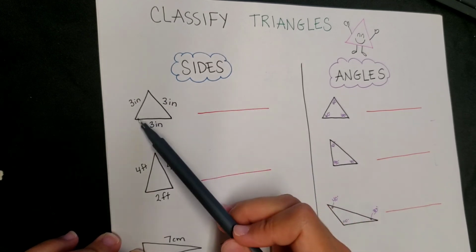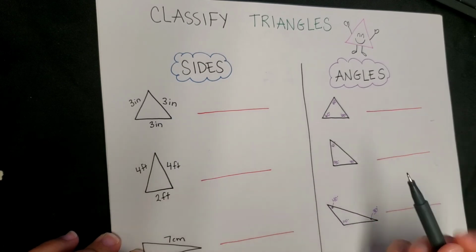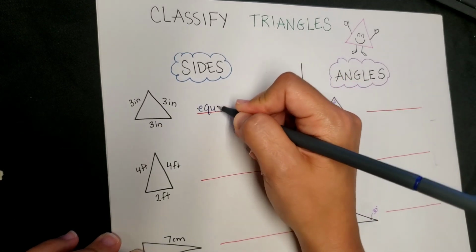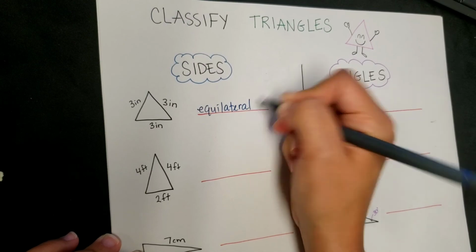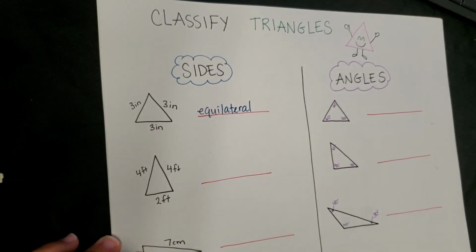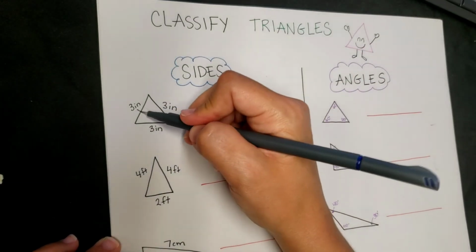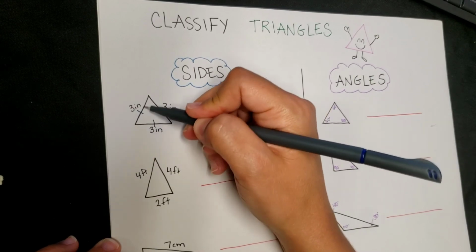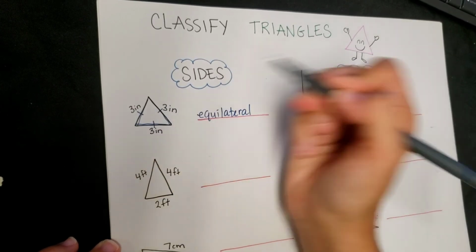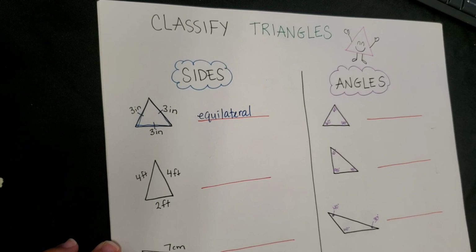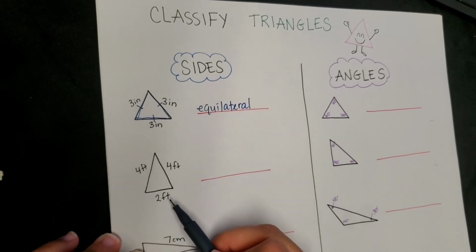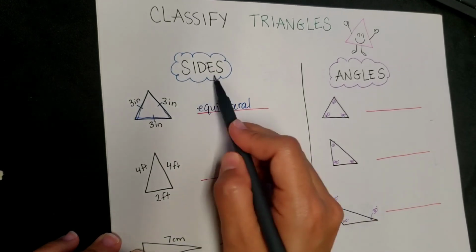Therefore, a triangle that has all sides equal would be called an equilateral triangle. All sides equal, 3 inches, 3 inches, 3 inches. That means all of these lengths here are the same. It's an equilateral.